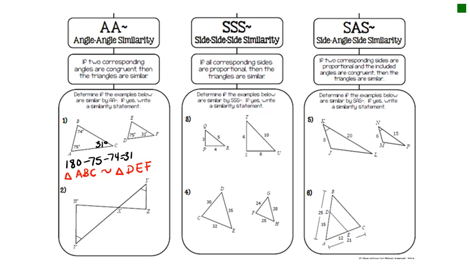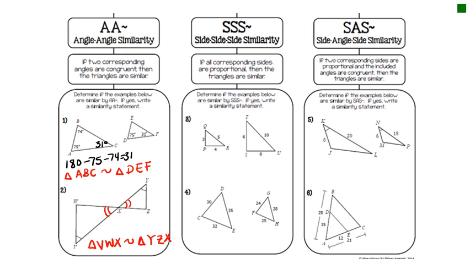If we look at number two, we have that angle V is congruent to angle Y, and then these two angles are also congruent because they are vertical. So we have two sets of angles congruent, so those two triangles are similar. Triangle VWX is similar to triangle, let's see, V and Y are the same angle, W and Z are the same angle, and angle X and X are the same angle.